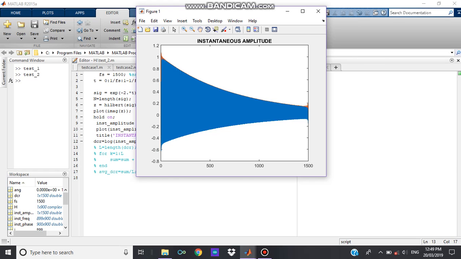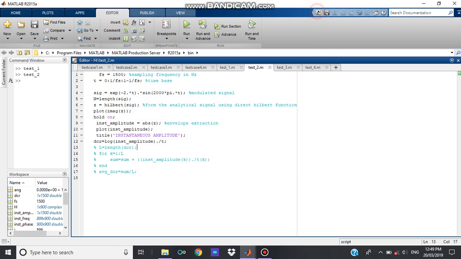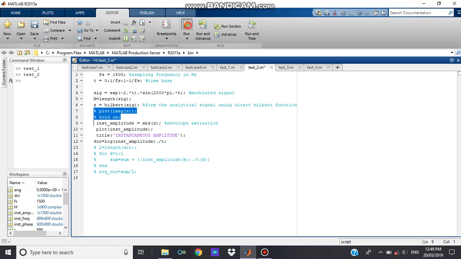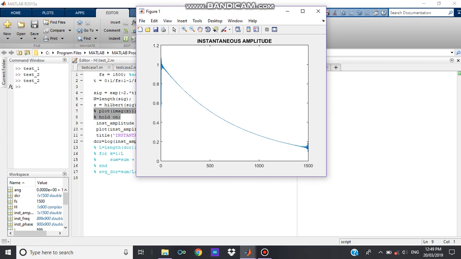The blue one is the exponential signal that I have taken, and the instantaneous amplitude is the red border that you see. You can even do it in this way. So this is how the instantaneous amplitude of an exponential signal varies.